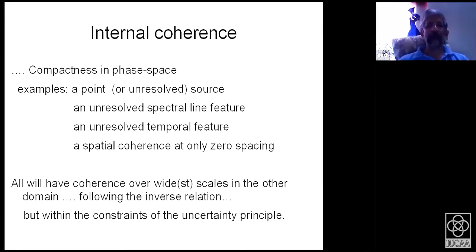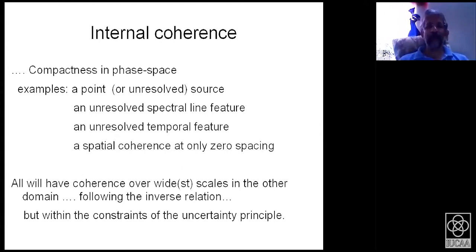And so across the wavefront, you will find there is a complete coherence, and the scale of that coherence is given by the inverse of the size of the source. So if there is some delta theta as the width, you will find 1 upon delta theta is the scale in spatial scale over which the coherence will exist.